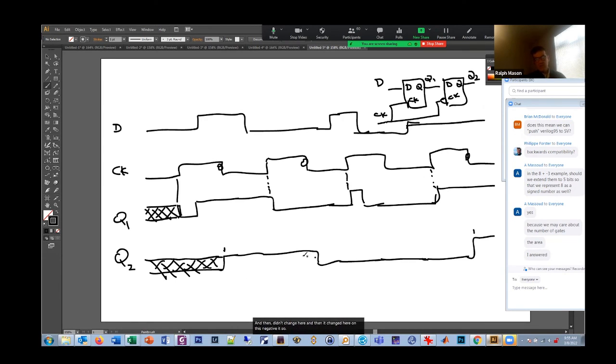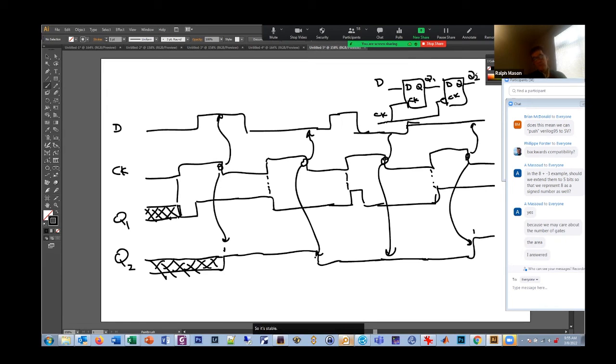So in fact, Q2 only changes on the negative edge of clock. And effectively what's happening is we're sampling here, this goes high, so this goes high. We're sampling here, this was low, this goes low. And we're sampling here, this is high, this goes high. And actually it was sampling here as well, but this was low, so it stayed low.